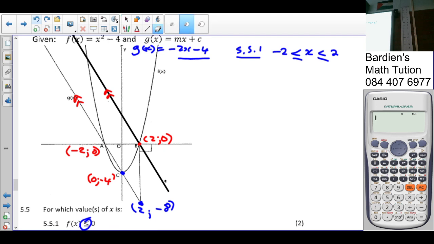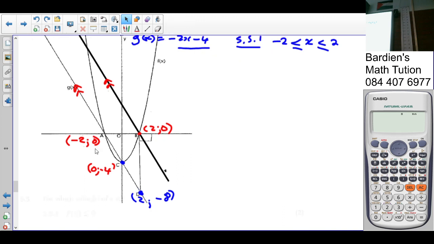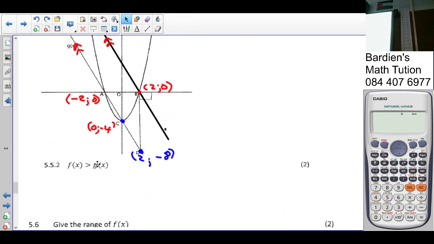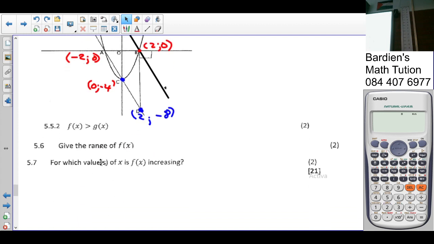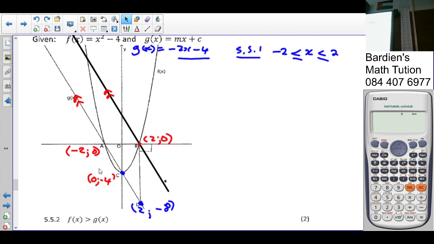Let's look at the next question. In 5.5.2, the question says, where is f of x more than g of x?